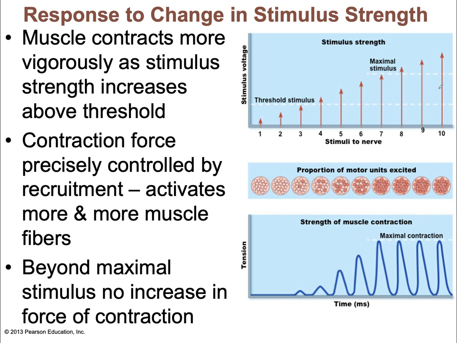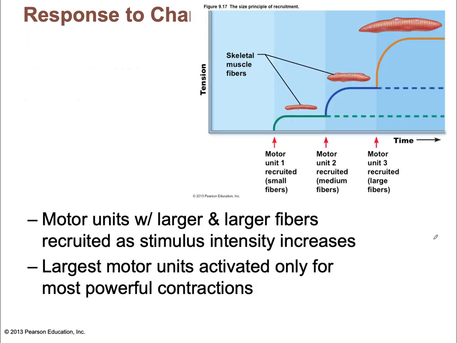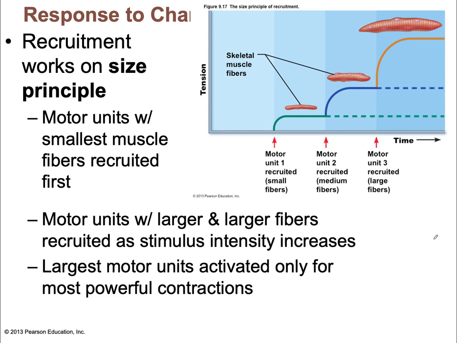We're not getting any more motor units in the activity, and so we don't generate any extra force. Okay, so two ways that we can increase the force generated by a muscle. One, by increasing the frequency of action potentials on a muscle fiber, right? And the other is by having more motor units participate.